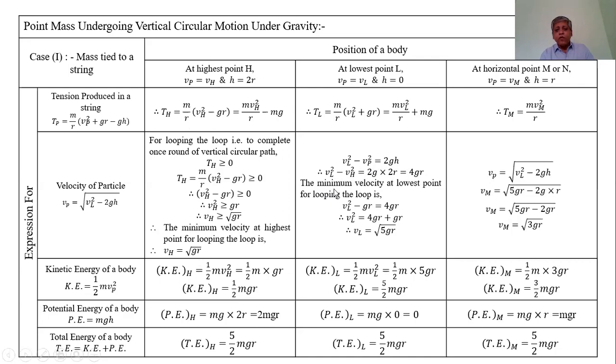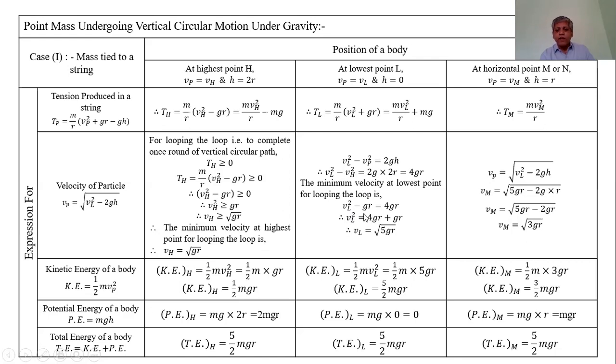Therefore, the minimum velocity at the lowest point for looping the loop is: instead of VH square, we write gr here.